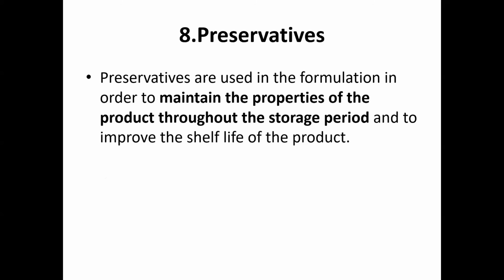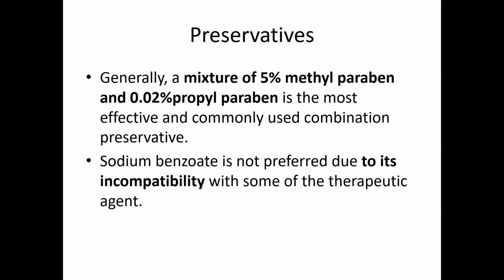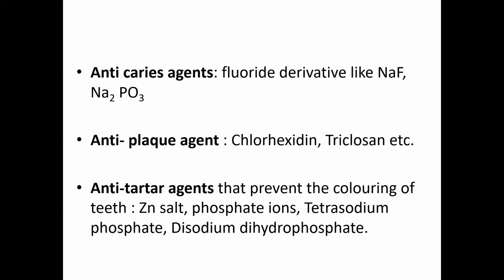Preservatives are of course very important to maintain the properties of the product throughout the shelf life of the product. Usually we use 5% methyl paraben and 0.02% propyl paraben. Sodium benzoate is not usually used because of the incompatibility problems.